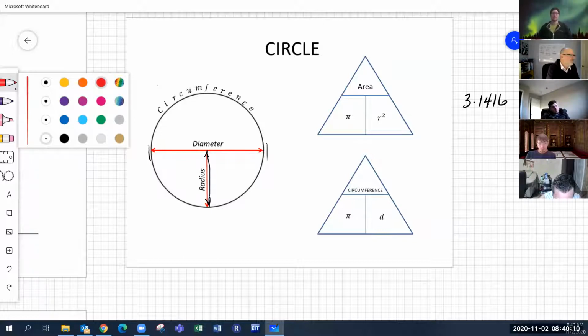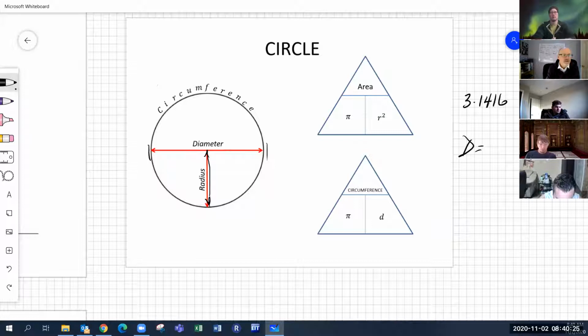So let's do a couple of questions on circumference and area of a circle. If I told you that I had a diameter of 34 millimeters, I want you to find out the circumference of that circle.